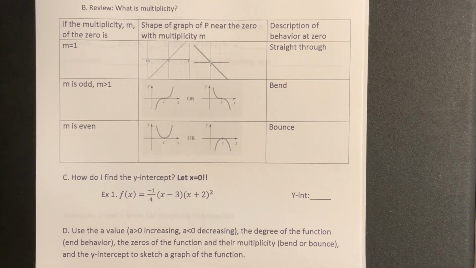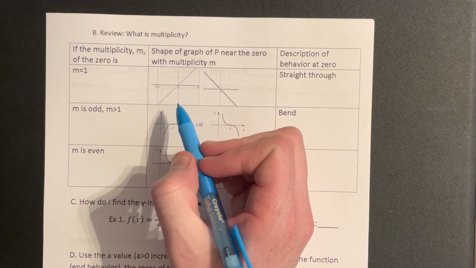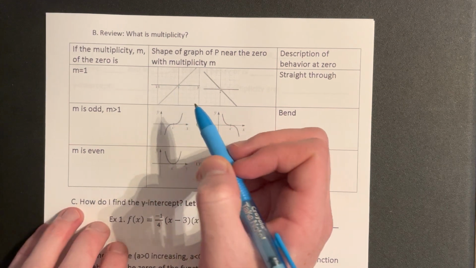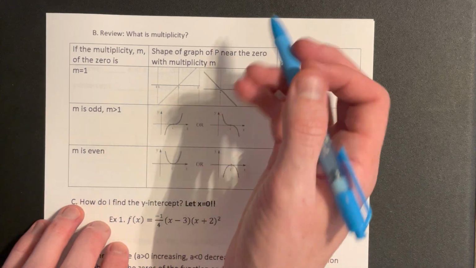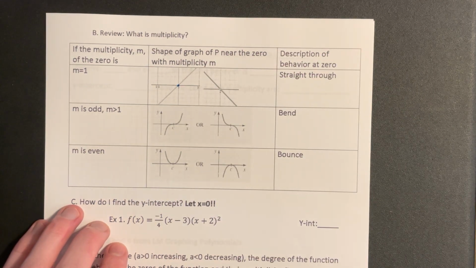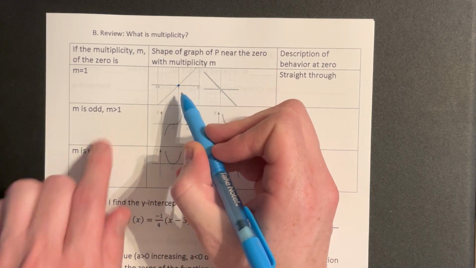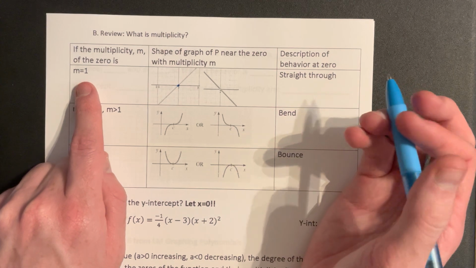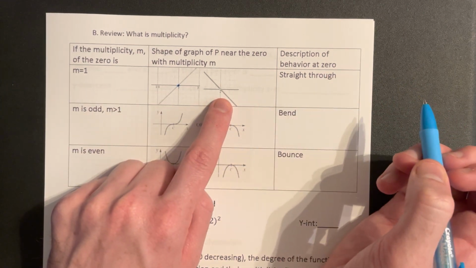So let's review what a multiplicity is. Multiplicity will tell us how the graph behaves at that zero. So here I have a graph that's going through x equals 3, and it's going straight through the graph. That means that has a multiplicity of 1. This went straight through 2, so it's also a multiplicity of 1.